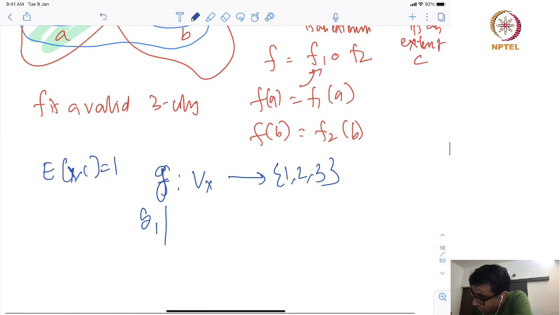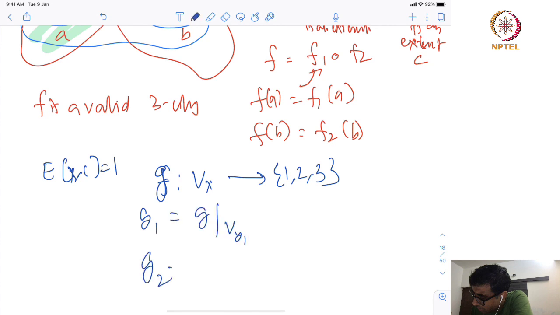So G1 is nothing but G restricted to V_y1, and G2 is G restricted to V_y2. What is the property of G1? G1 matches with V_x, only on the left side. What is the property of G2?